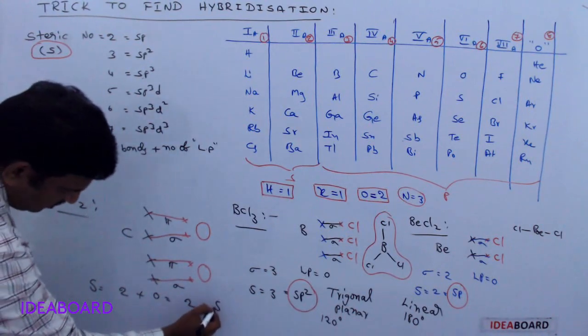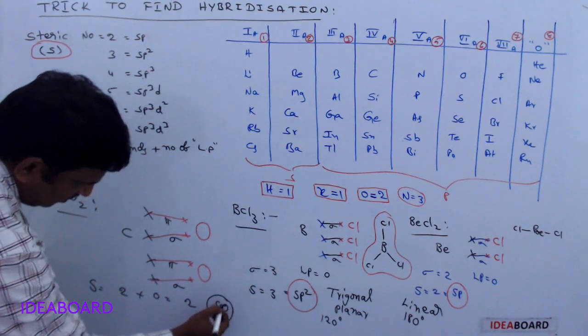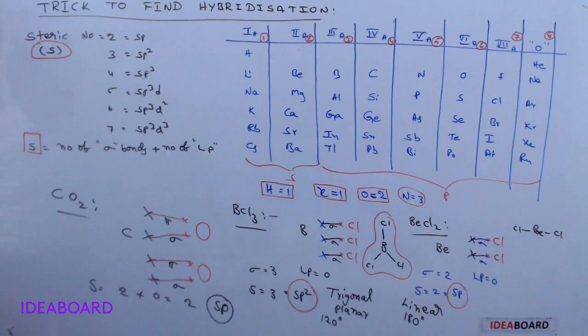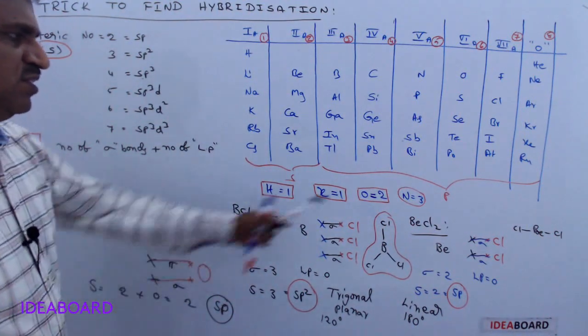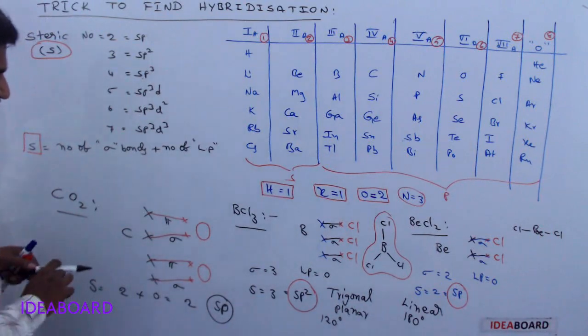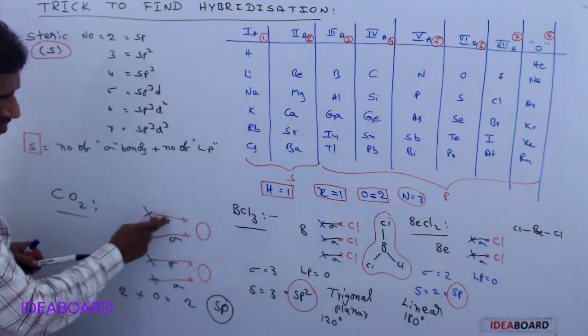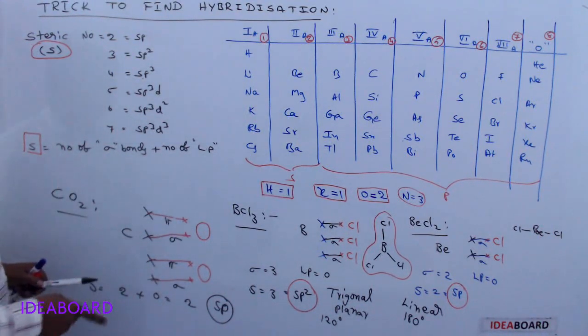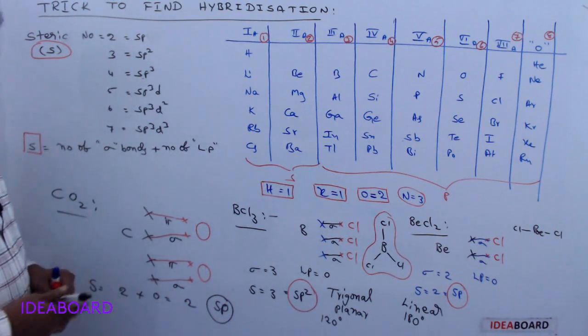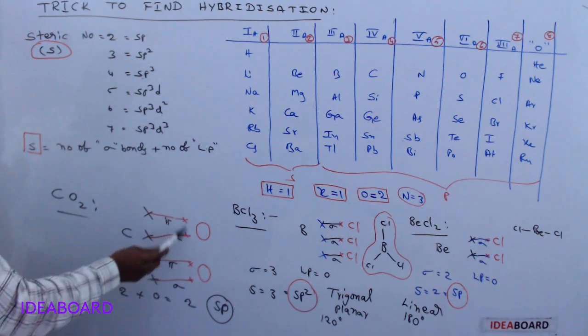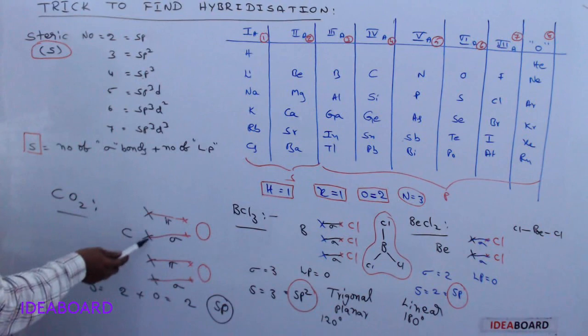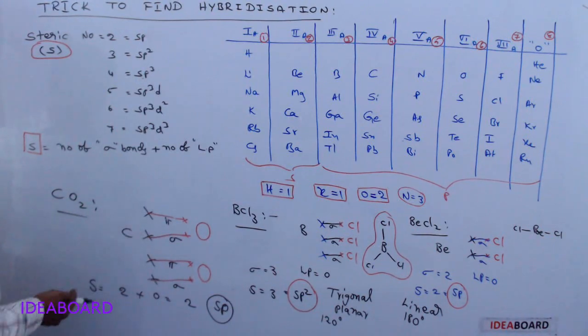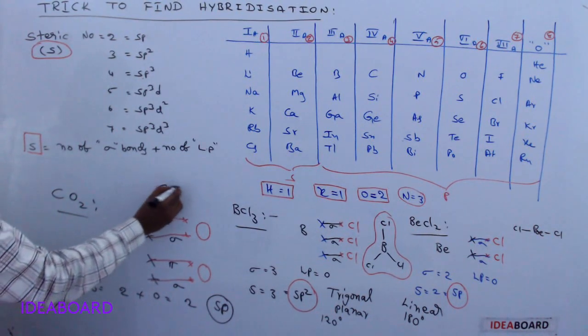Steric number 2 means what is the hybridization? sp. sp hybridization. So please remember, while we are writing with oxygen or with nitrogen, each oxygen forms a double bond. Double bond means it gives 2 electrons for bonding and 2 electrons of carbon are participating. So what is the CO2 structure?